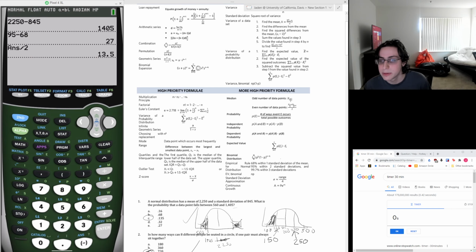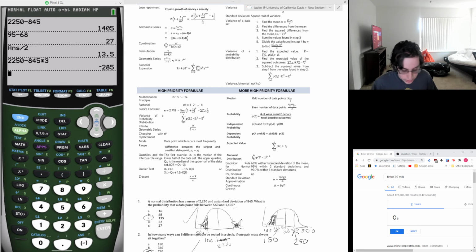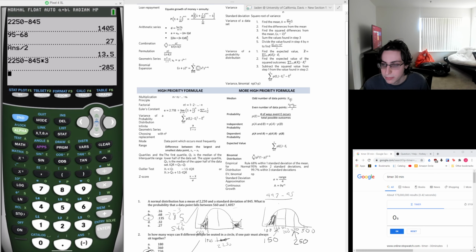Let's say we do another subtraction, let's say 2250 minus 845 times 3. If they said between negative 285 and 560, which is a z-score of negative 3 and a z-score of negative 2, that would be 99.7 minus 95 divided by 2.